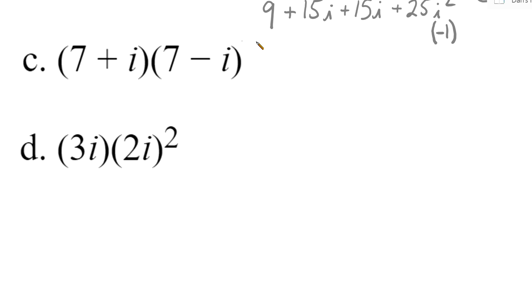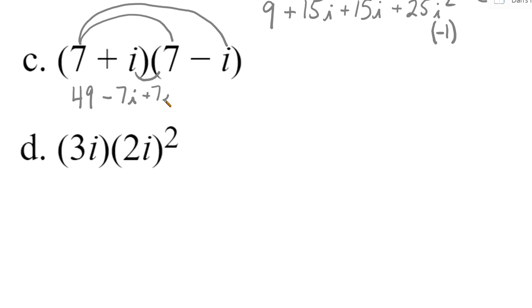Okay, same thing here. It's the exact same thing. We're going to distribute first. 7 times 7 is 49. Outside, 7 times -i is -7i. Inside, 7 times i is 7i. Last, i times -i is -i squared. The nice thing here is, what do you see canceling out?